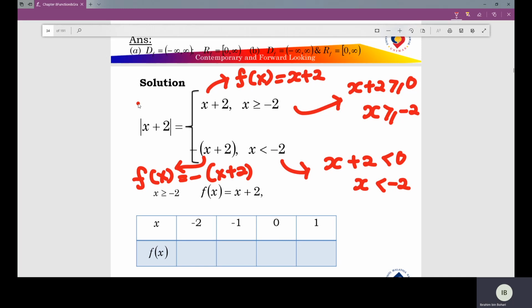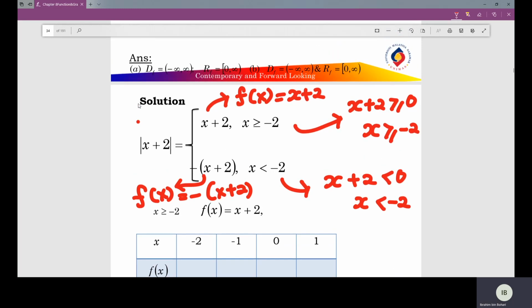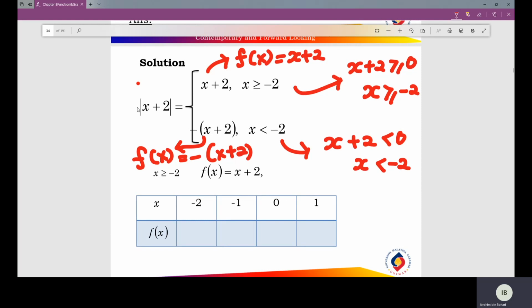So the first part of the function is f(x) equals x plus 2, with the domain greater than or equal to negative 2. You draw the table, and the first value of x equals negative 2. You substitute this value into the function, and when x equals negative 2, the value of y equals 0.